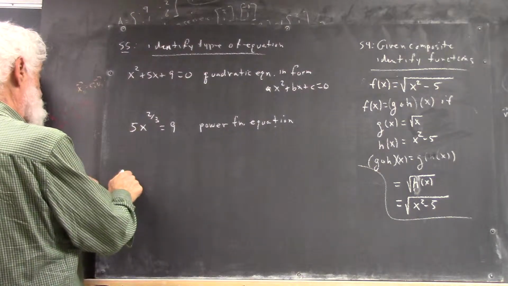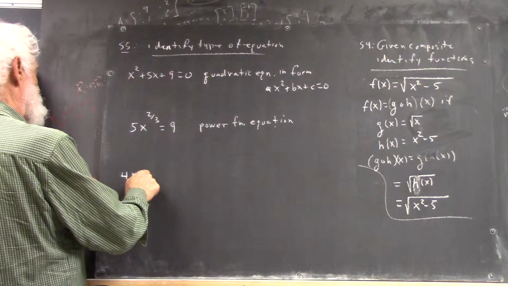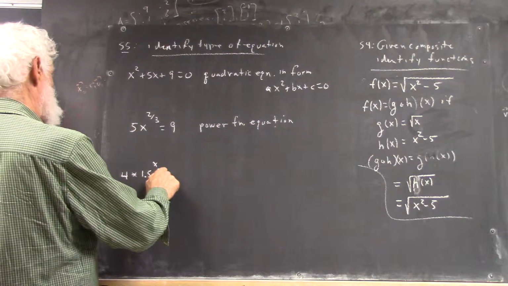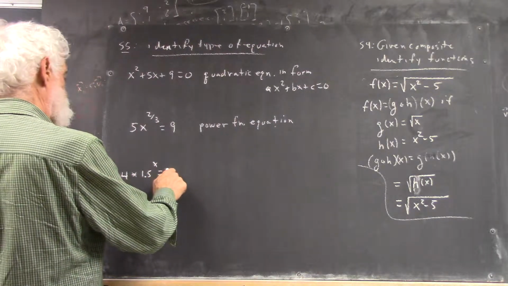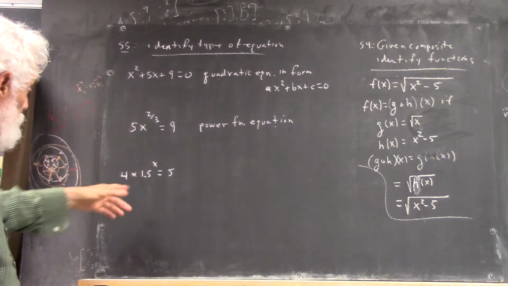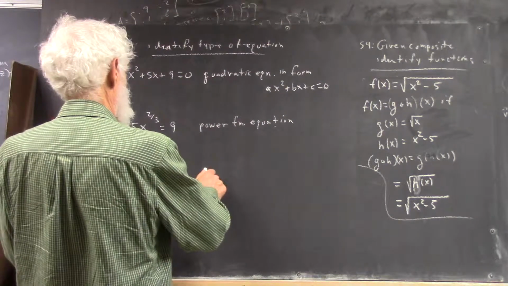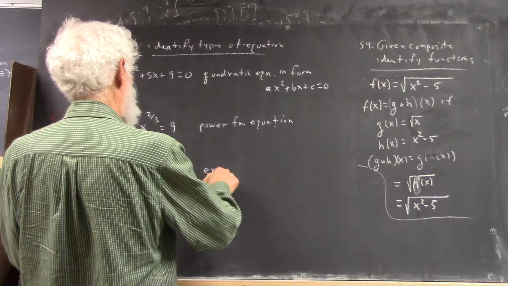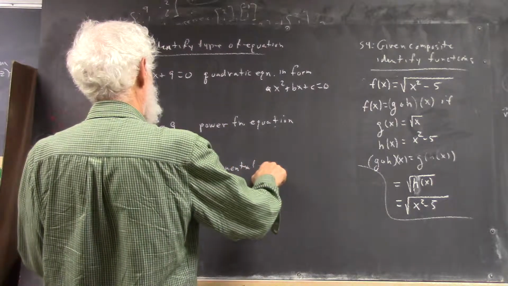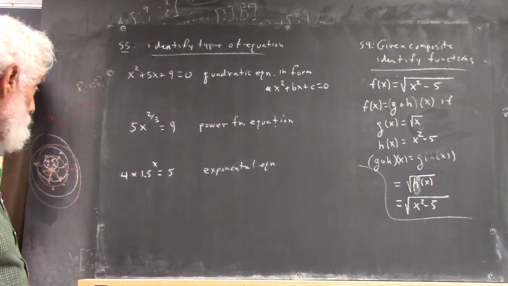An equation that looks pretty much similar to this is like 4 times 1.5 to the x equals 5. Okay, this one has a solution you can easily find, but you can't always do that. This would be an exponential equation, because 4 times 1.5 to the x is an exponential function.